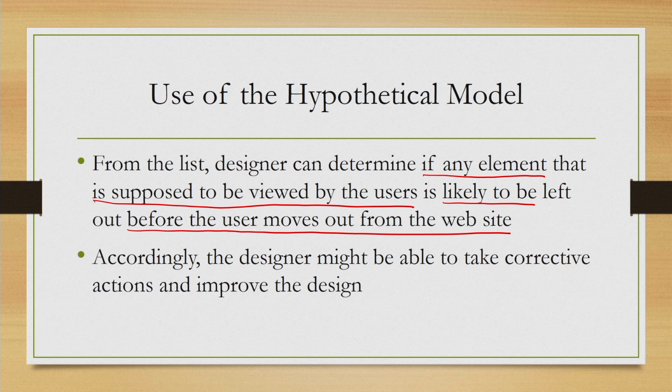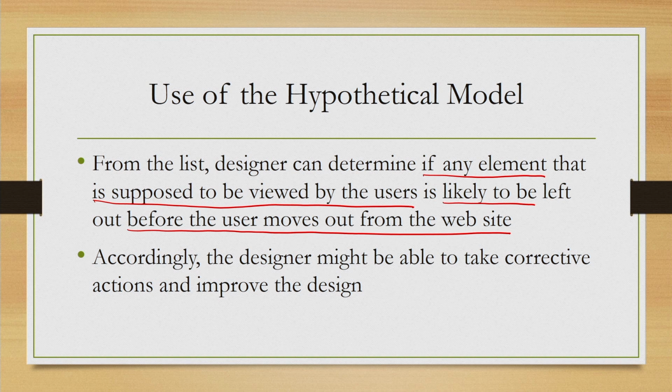Then the designer can choose to modify the design so that its attention factor improves and it comes in, say, the top 5 elements as per the list. So, that is of course very useful knowledge for the designer to decide on modifying the design in a way such that the design objectives are fulfilled. So, that is the basic idea.